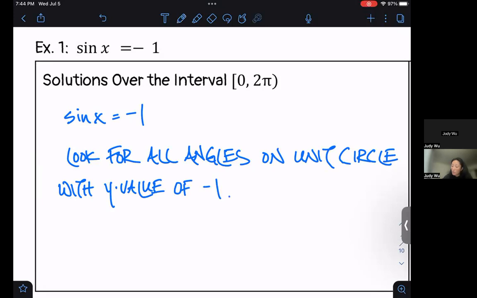And we're only going to look one time around the unit circle.